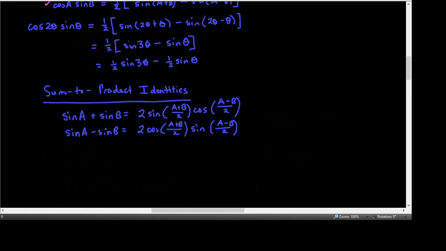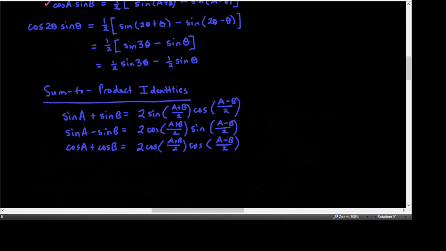The cosine of A plus the cosine of B is 2 cosine of A plus B over 2 times cosine of A minus B over 2.